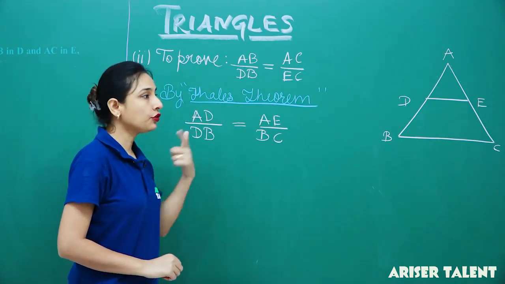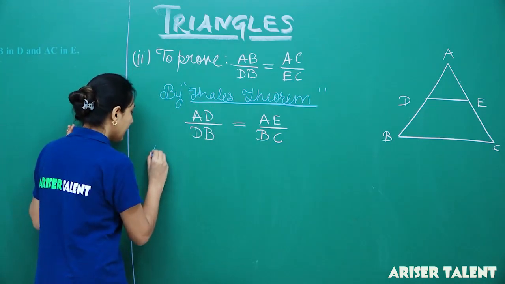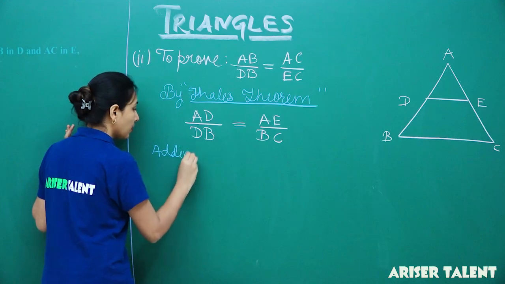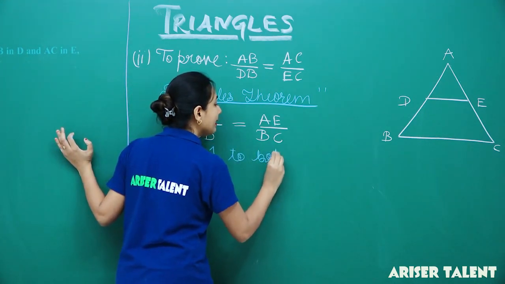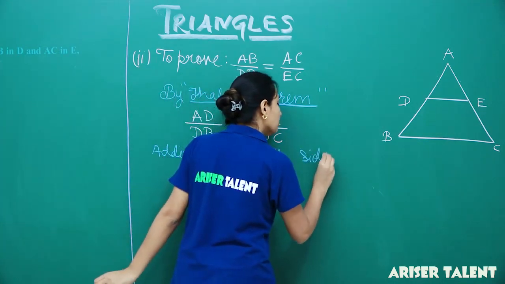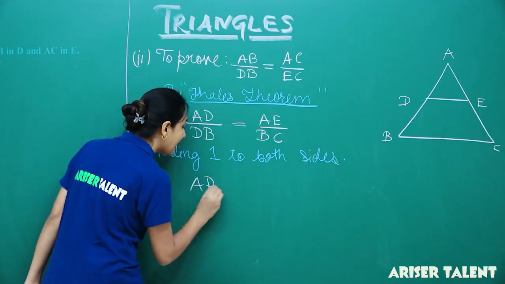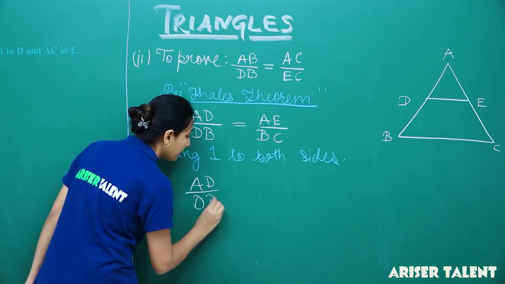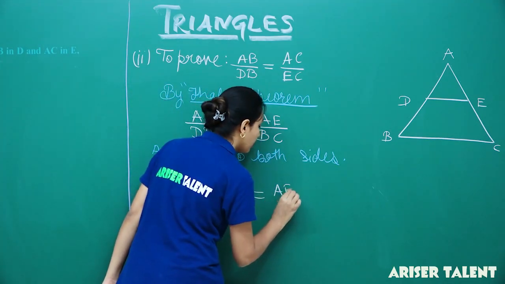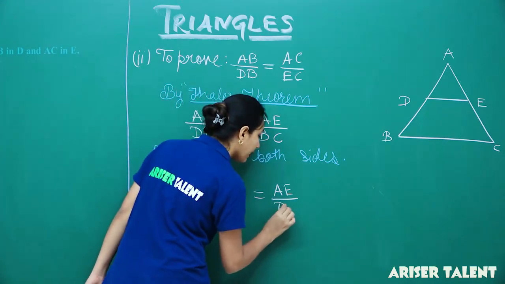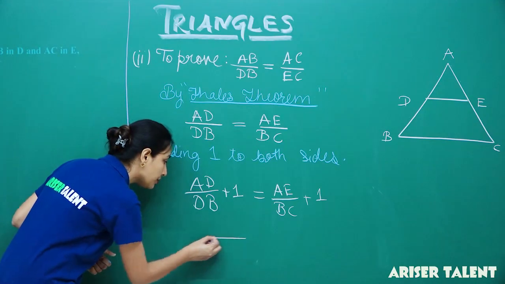In the previous section, you have reciprocated and then add one. Now, just add 1 to both sides. This will do magic to the equation: AD by DB plus 1 equals AE by EC plus 1. Now, take the LCM, you know it better than me.